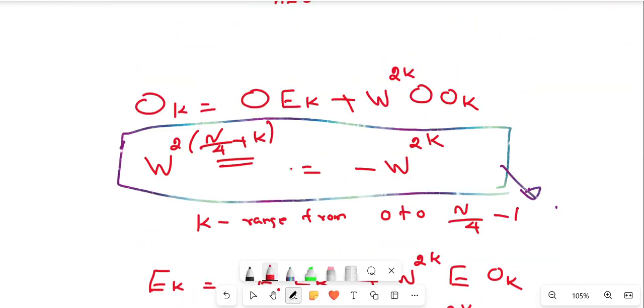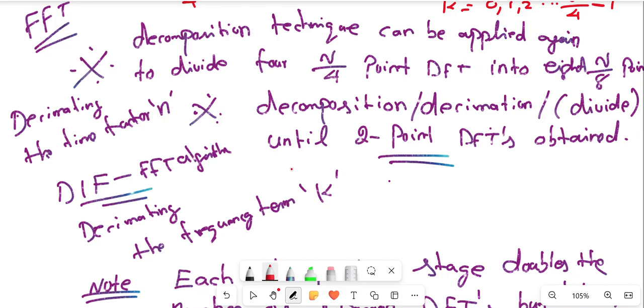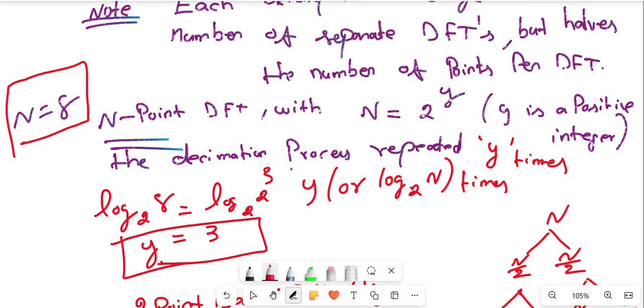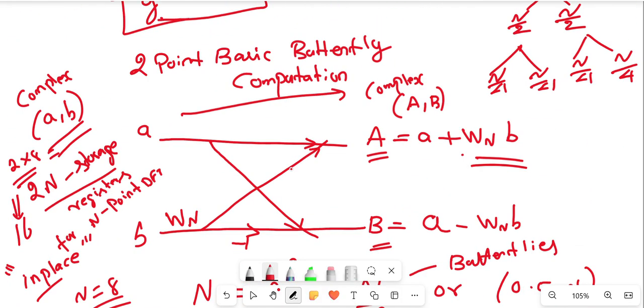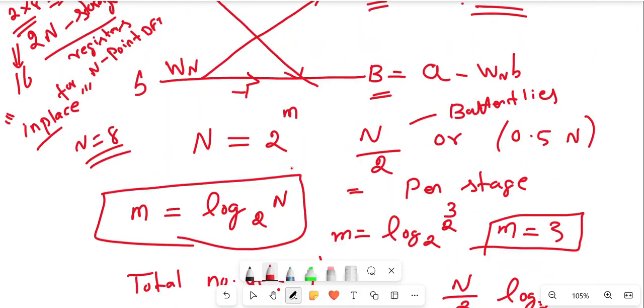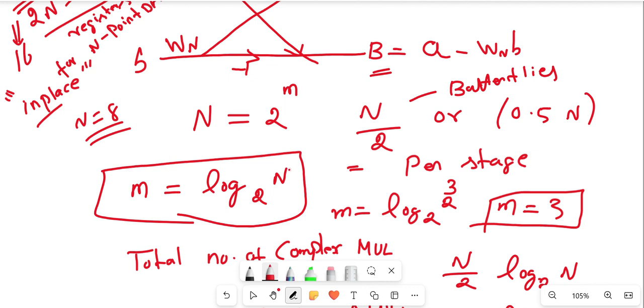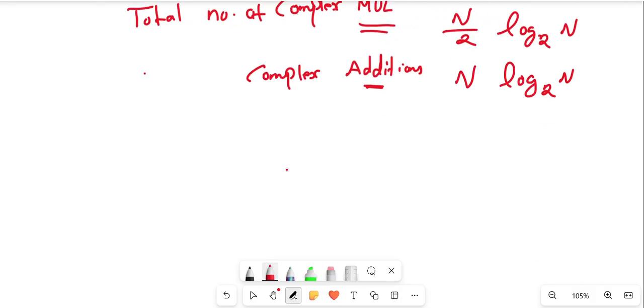So, the complete derivation we have seen, and how the decomposition is done until you get the 2-point DFT, and the number of butterflies in each stage, how many stages, and the basic 2-point butterfly computation, because this computation is required for each stage, how the two complex numbers a b are used to compute and produce the two complex numbers A and B, the one multiplication, the two complex additions, and how many stages are required to compute N-point DFT, in each stage n by 2 butterflies are required, and totally how many multiplications and additions are required.